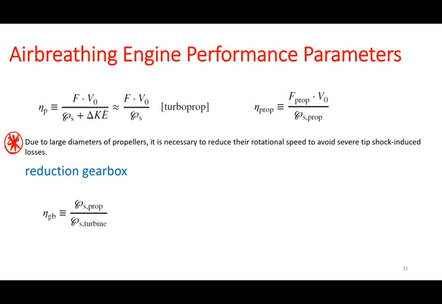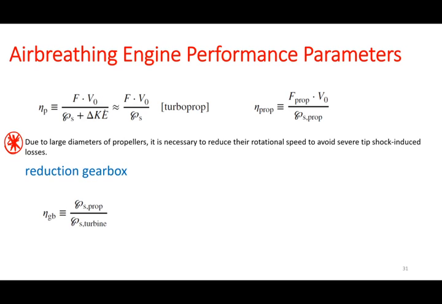Okay. In the turboprops, we also have to include gearbox efficiency, mainly because we have to be able to change the amount of power we are giving to the propeller. So we want to be able to control the rotational speeds, and one of the ways we can control the rotational speeds is through a reduction gearbox.